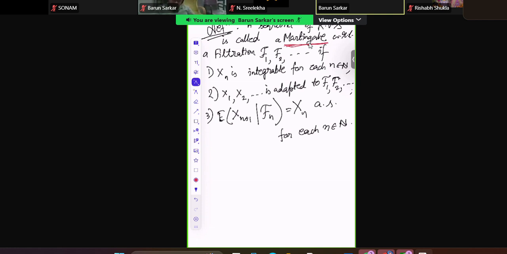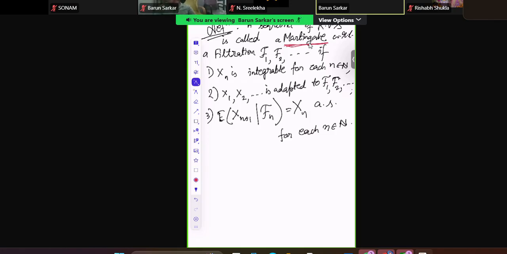It is not giving you the exact value, but it gives certain predictable properties: the conditional expectation of Xn plus 1 given Fn is equal to Xn almost surely.